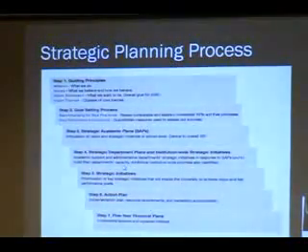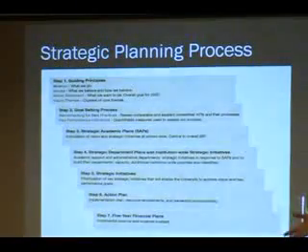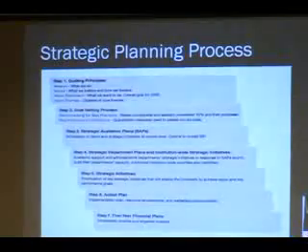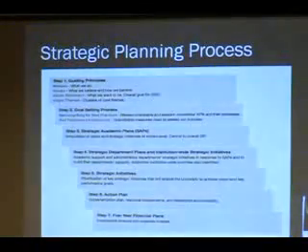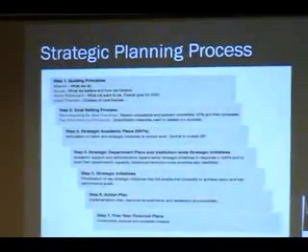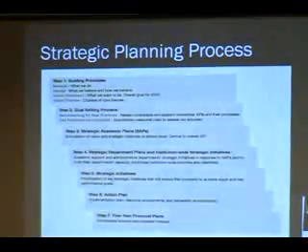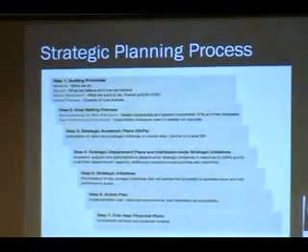Step 4. Now that the schools, the different faculties, have come up with their strategic plans, the rest of the university, the non-academic units, will then create their strategic plans. Why is that the case? They have to support the academics. The academic is the core of the university.